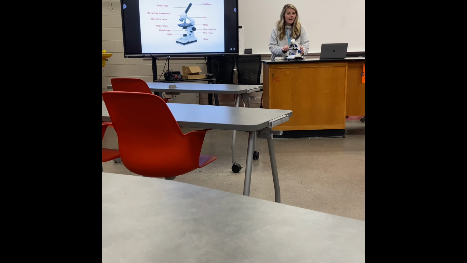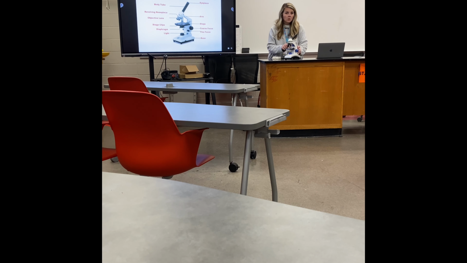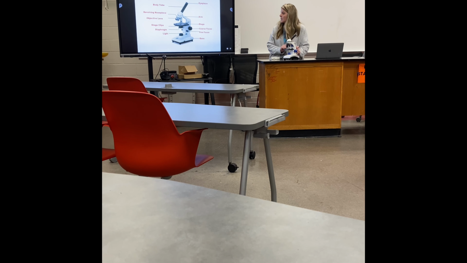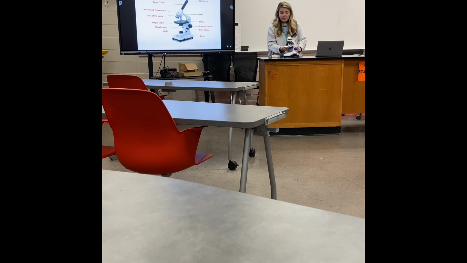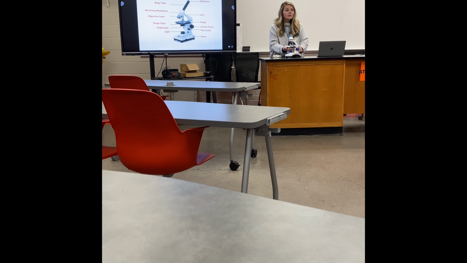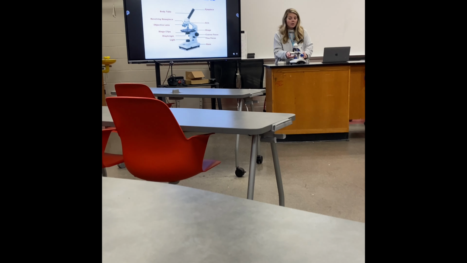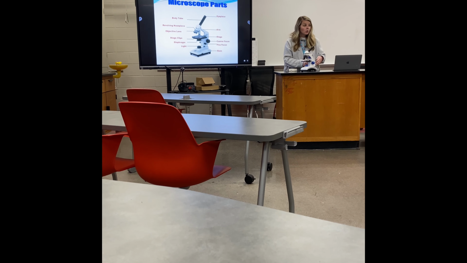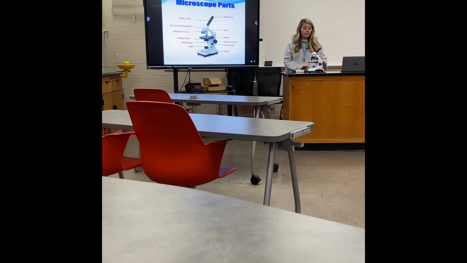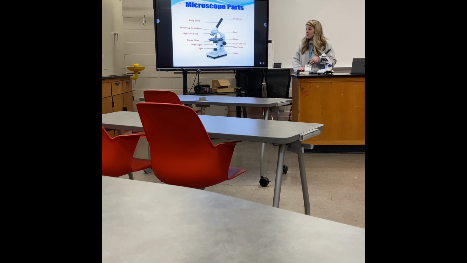This is the stage, okay? Stage, stage clips, stage, okay? Easy to remember, right? So down here you have your diaphragm. This is going to be controlling how much light you allow through from the light source down here, okay? You can control how much light based on the coloring and the clarity of your specimen.